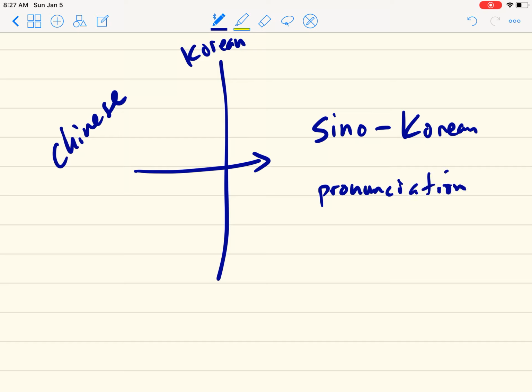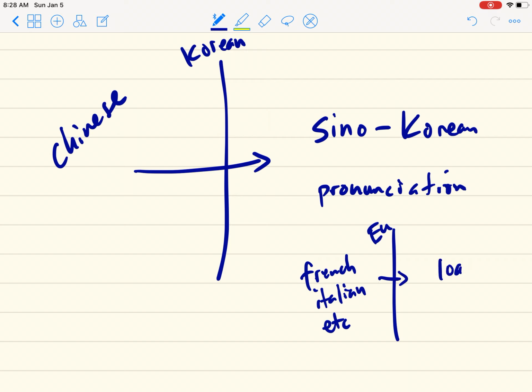So the best way is to think about loanwords in English that we have, from French or Italian, etc. And it gets filtered through English pronunciation, and that's how you get our loanwords.